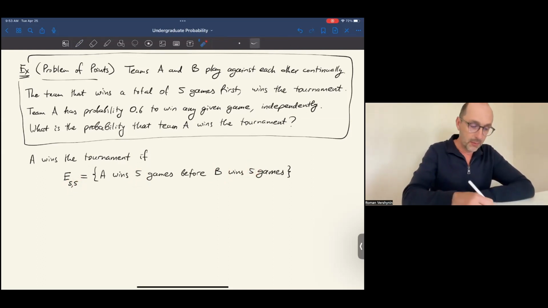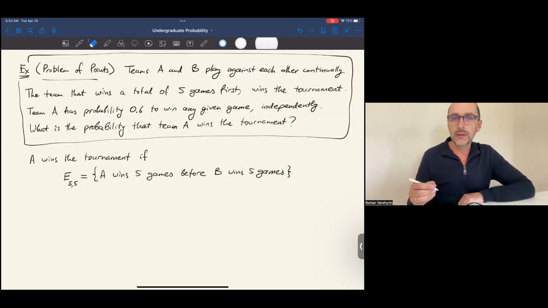To solve this problem, we will use the conditioning trick again. And like in the previous example, we will condition on the outcome of the first game.